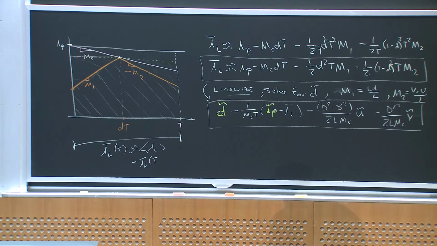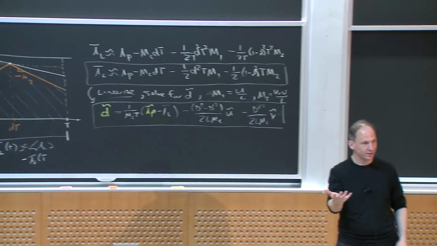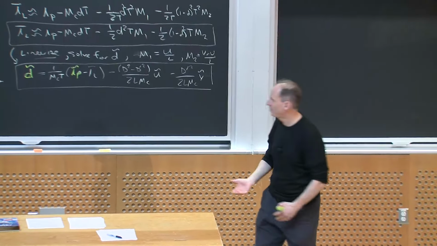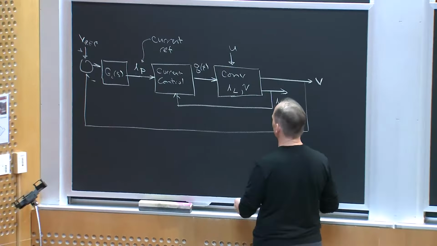Does that make sense to everybody? So I'm going to get a new set of linearized state space equations, except instead of d tilde, I'm going to have a control variable I peak tilde. That's what I needed here, right?